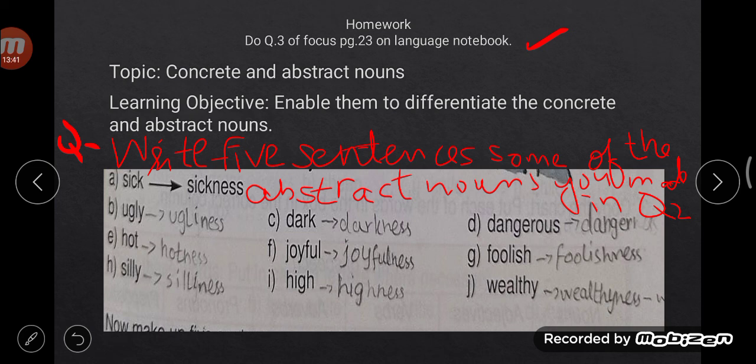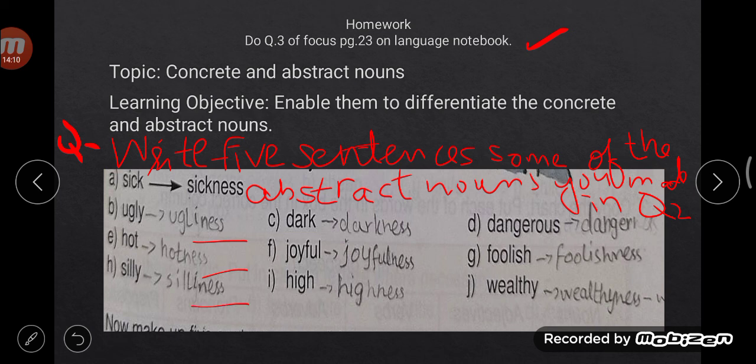I'm going to repeat this question again. Write 5 sentences using some of the abstract nouns you have made in question number 2. I have inserted this image just for you. It's also on your page number 23, question number 2. And these are the adjectives which you have already changed into abstract nouns.